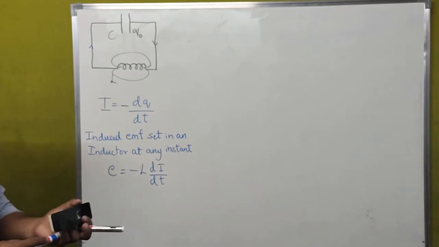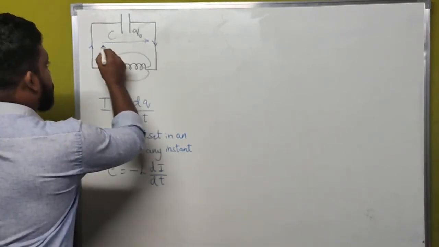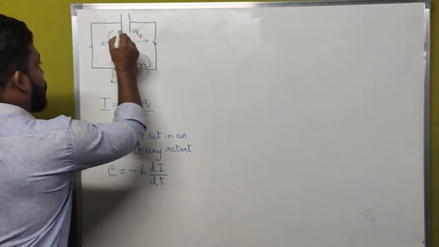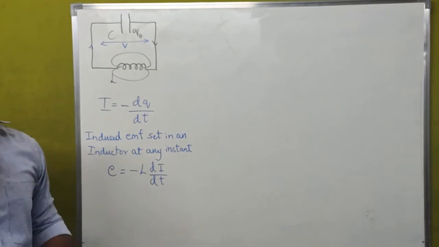After that, the EMF built inside the inductor is E equals minus L di/dt. Next, what is the voltage across this capacitor? What is the value of the potential difference across a capacitor?